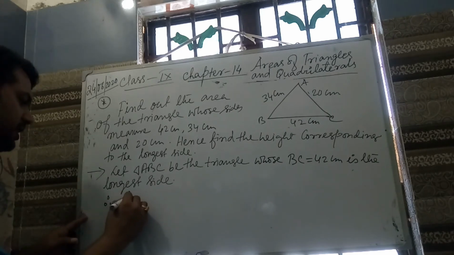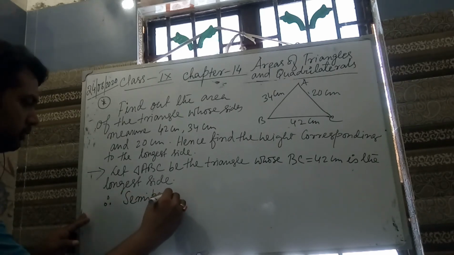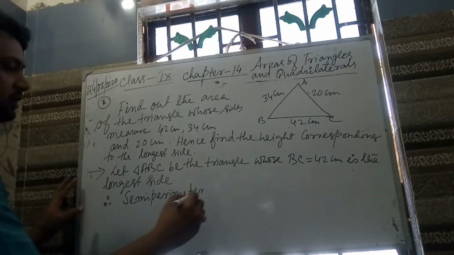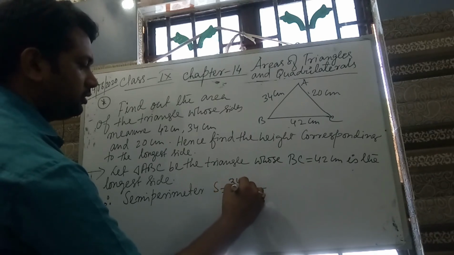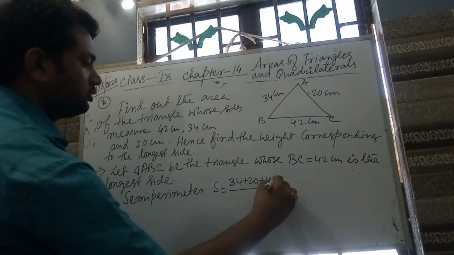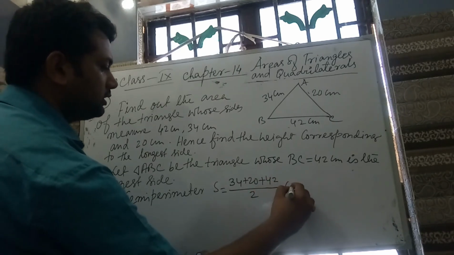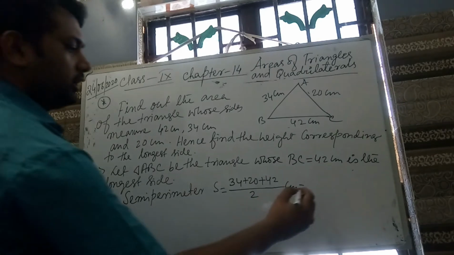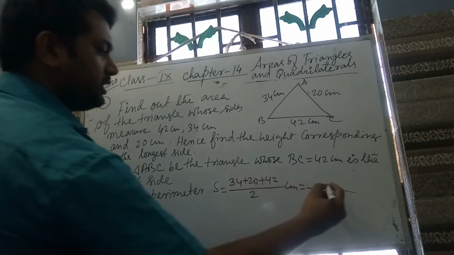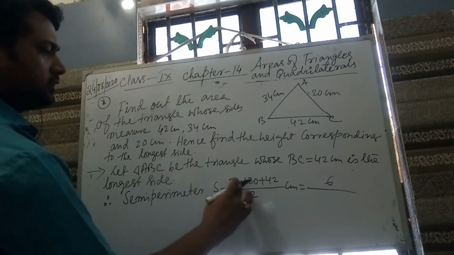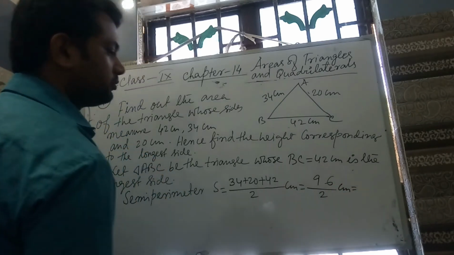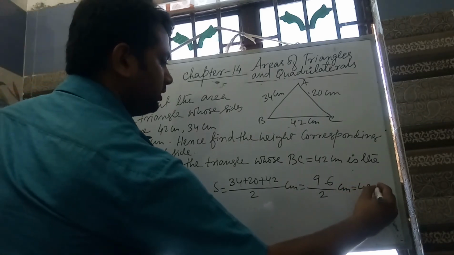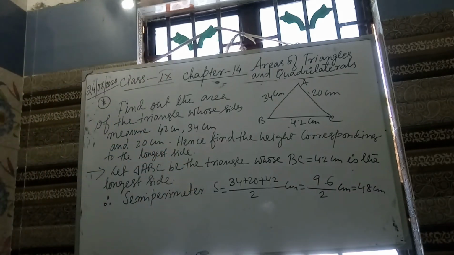Therefore, semi-perimeter is equal to 34 plus 20 plus 42 by 2 centimeter, that is 96 by 2 centimeter, 48 centimeter. So 48 centimeter is the semi-perimeter.